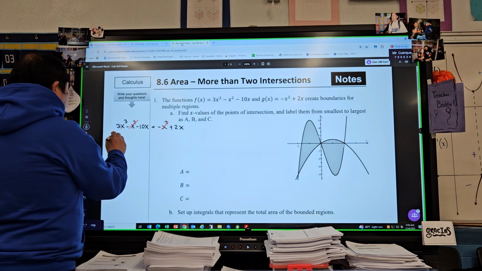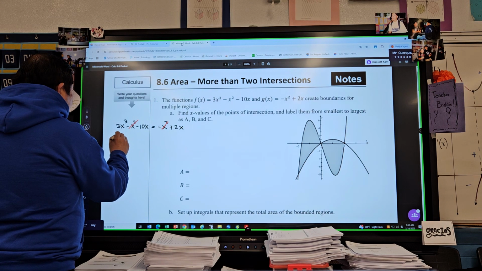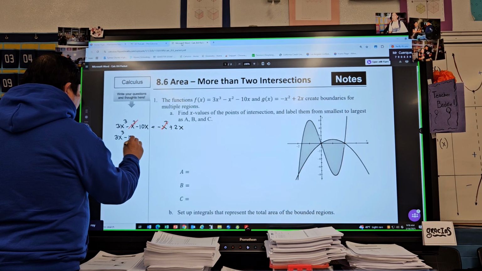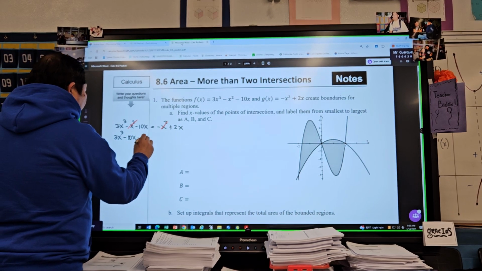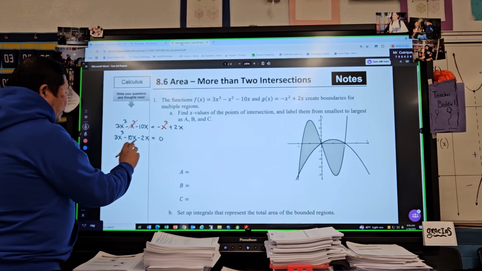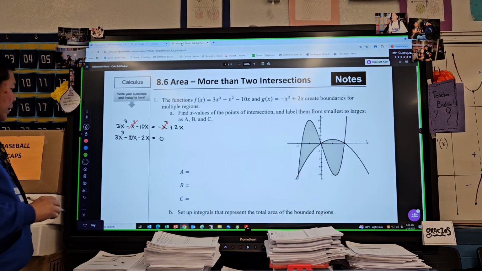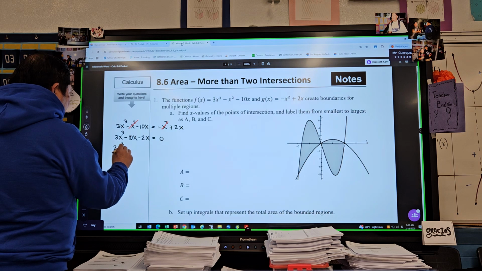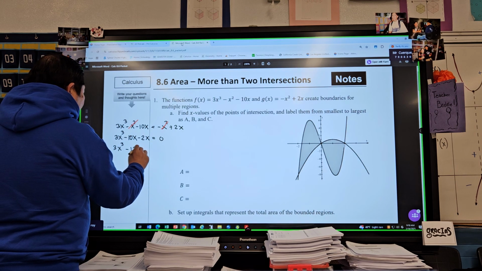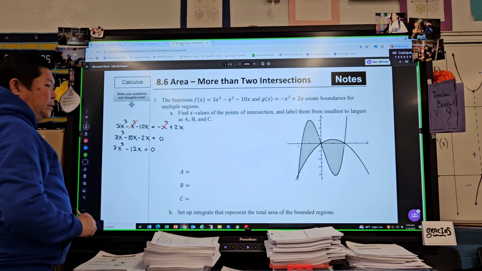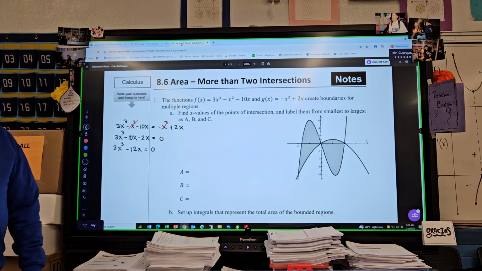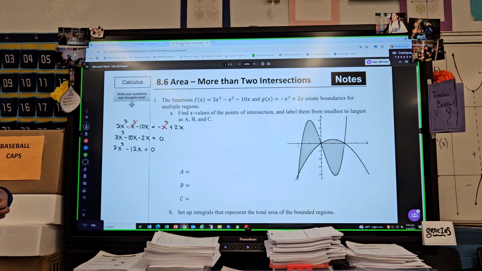So we have 3x cubed minus 10x minus 2x equals 0. And then combine like terms. So this is now 3x to the power of 3 minus 12x is equal to 0. Therefore, we can factor out what is common right here, x, and 3 also.